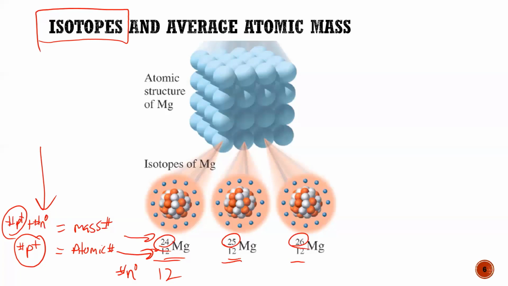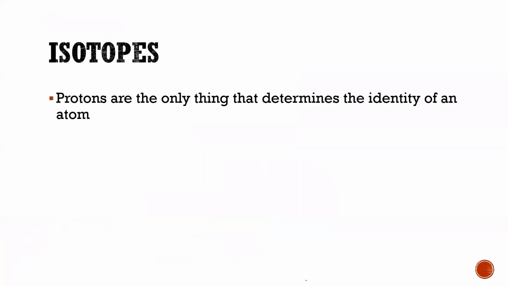What's 25 minus 12? This magnesium has 13. What's 26 minus 12? This magnesium has 14 neutrons, but they're all magnesium. Why? Because they have 12 protons. So isotopes: protons are the only thing that determines what the atom is.